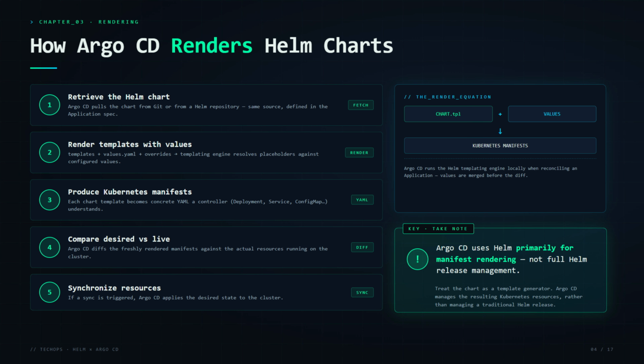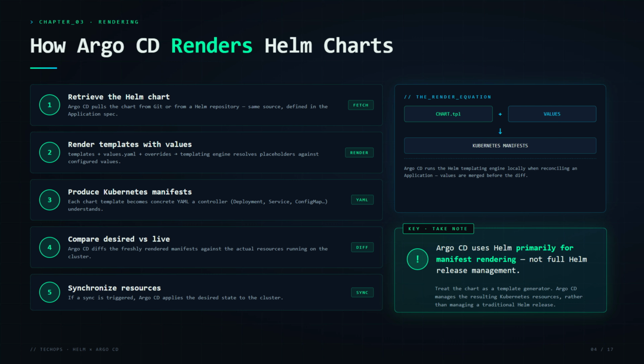Now let's look at how Argo CD actually renders a Helm chart. First, Argo CD retrieves the Helm chart from the configured source. This can be a Git repository or a Helm repository. It then combines the chart templates with the configured values and any overrides. Helm renders those templates and provides normal Kubernetes manifests.